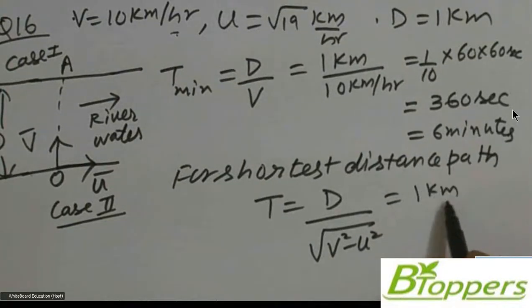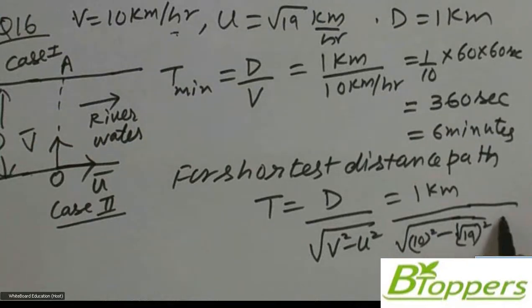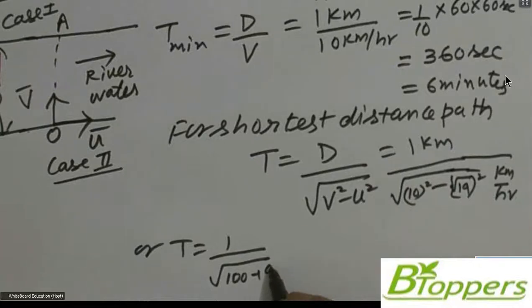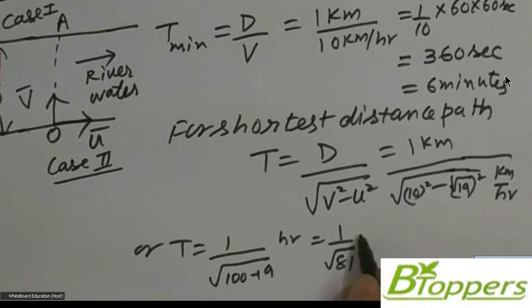Here D is 1 kilometer, V is 10 km per hour, so V square will be 10 square, and U is root 19. So I get T equal to 1 by root of 100 minus 19 hours, or 1 by root 81, or 1 by 9 hours.